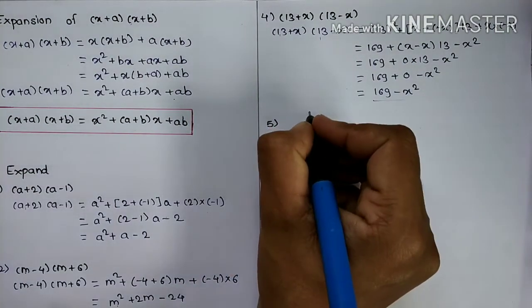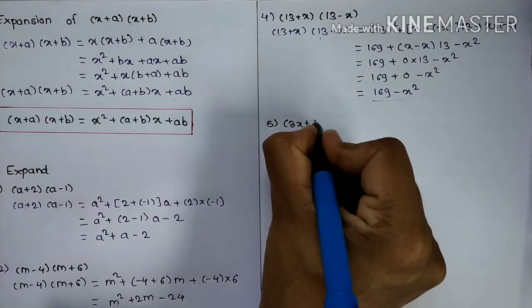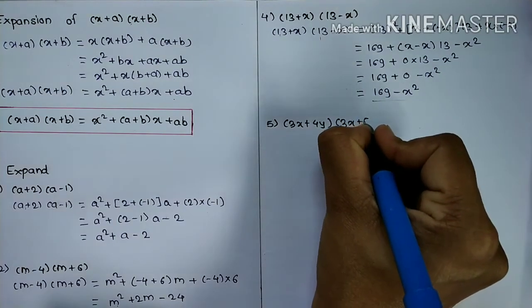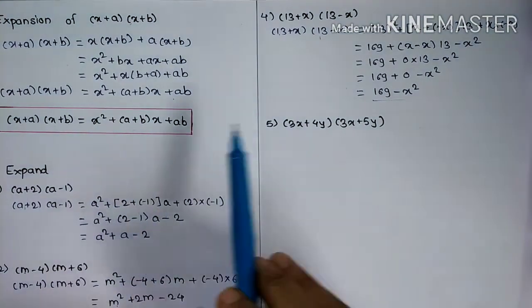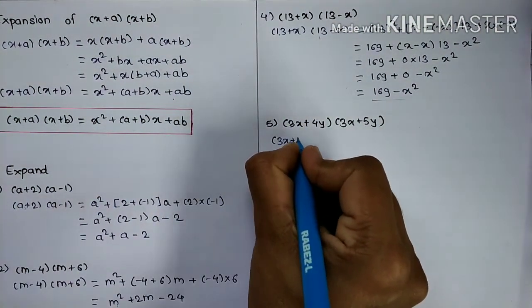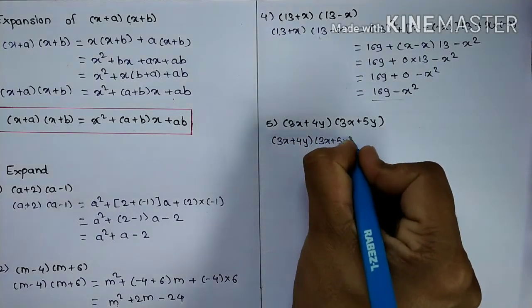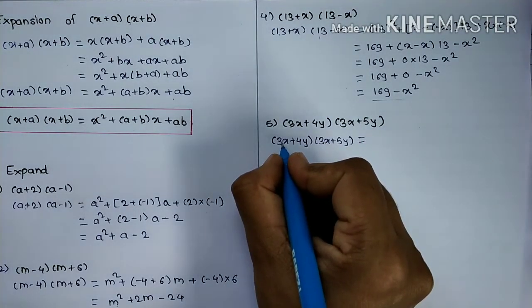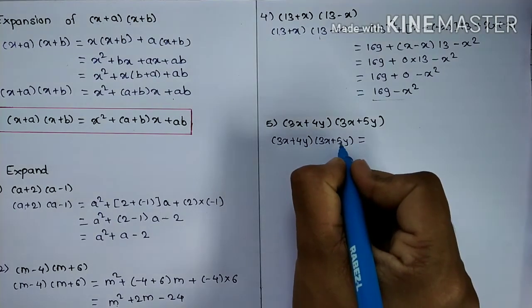Example 5, that is (3x plus 4y) into (3x plus 5y). Okay, by using this formula we have to solve. So write down (3x plus 4y) into (3x plus 5y) is equal to, x means 3x, a means 4y and b is 5y.